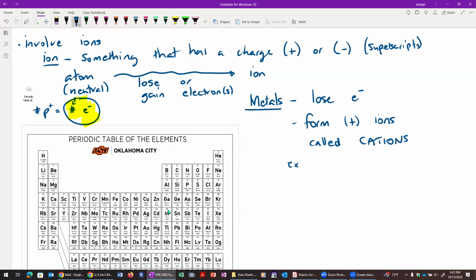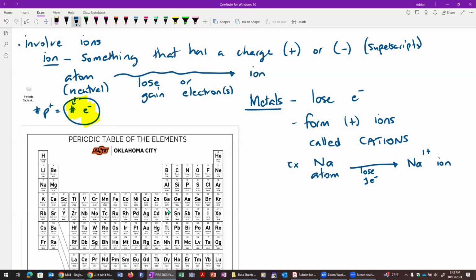So for example, sodium, Na, the sodium atom, likes to lose an electron in order to become more stable, remember? So it's going to lose one electron. When it does that, it forms Na with a charge of 1 plus. And this is then the sodium ion, right? Because we take away a negative charge from something that was neutral, we end up with something with an overall positive 1 charge.